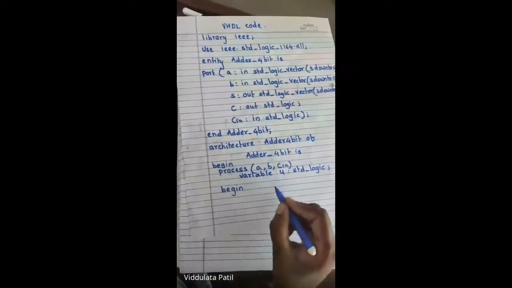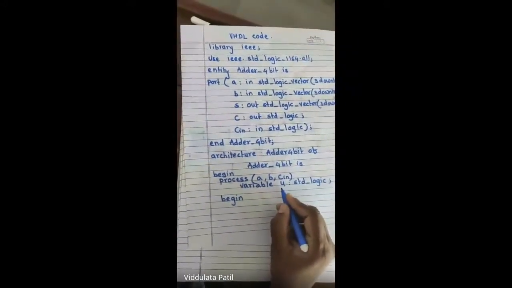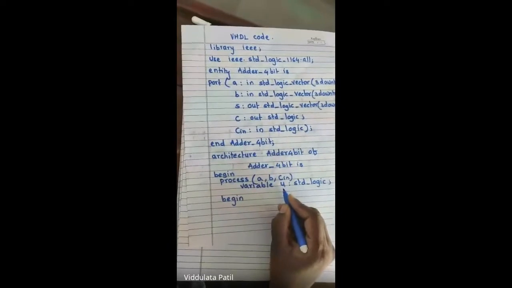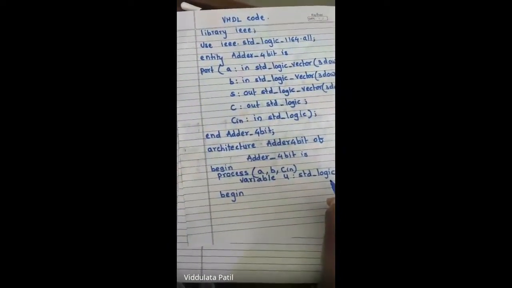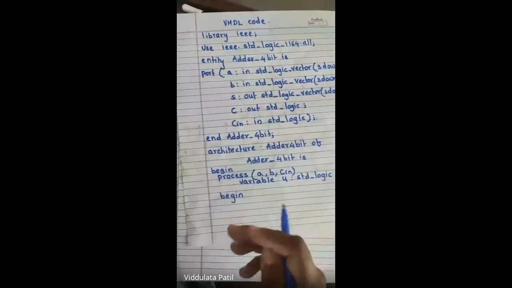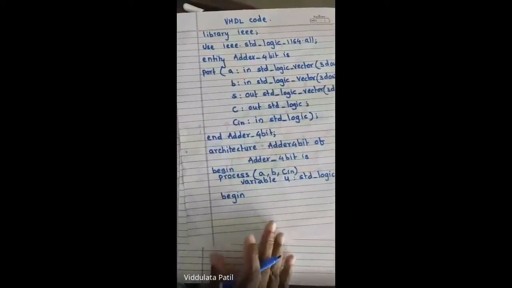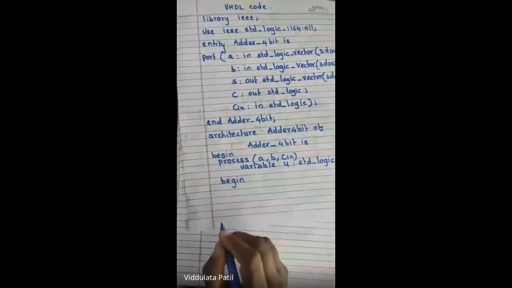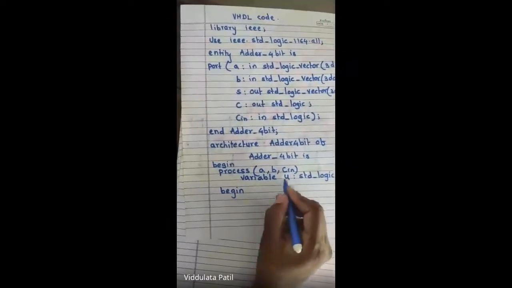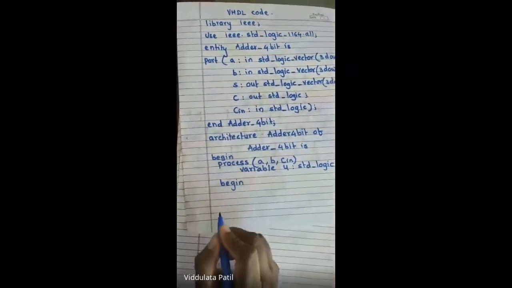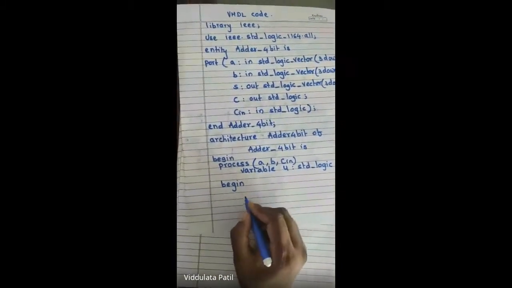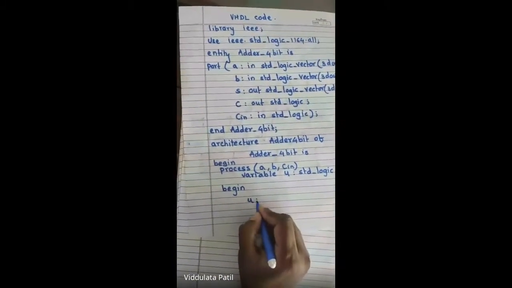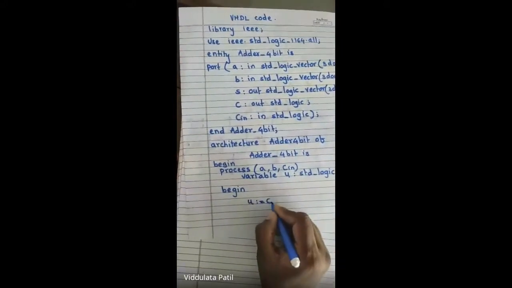Okay, here what we have done, we have declared one variable u, which is of std_logic type. So here we are going to assign certain value to this variable. Depending on that value, this value of u will change. So here we are going to now begin with the process, and now we are assigning the value of Cin to u.